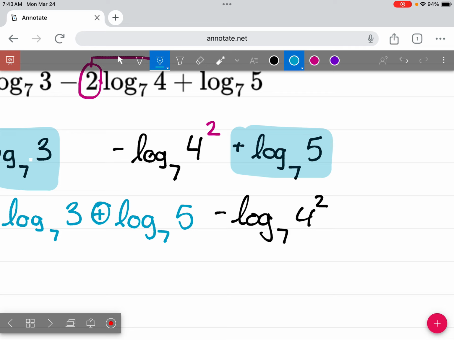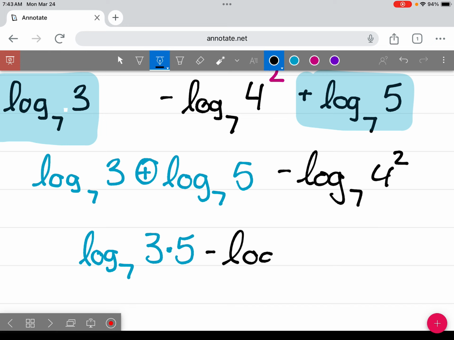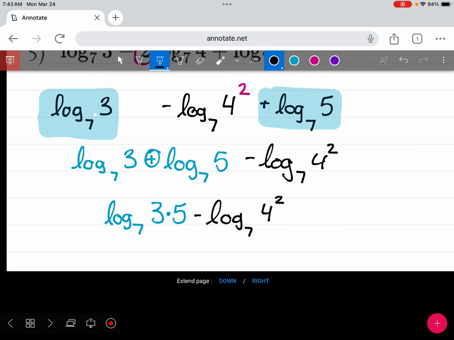So our next step on the rewrite is going to switch this to become log base 7 of 3 times 5 minus log base 7 of 4 squared. Really don't like this one being step number 2.